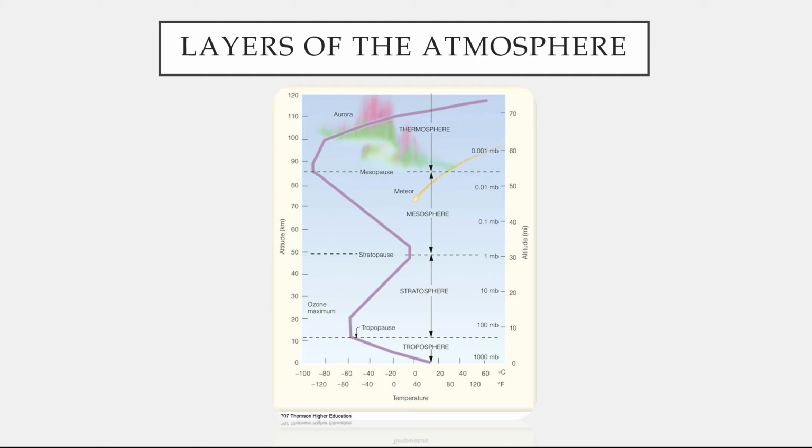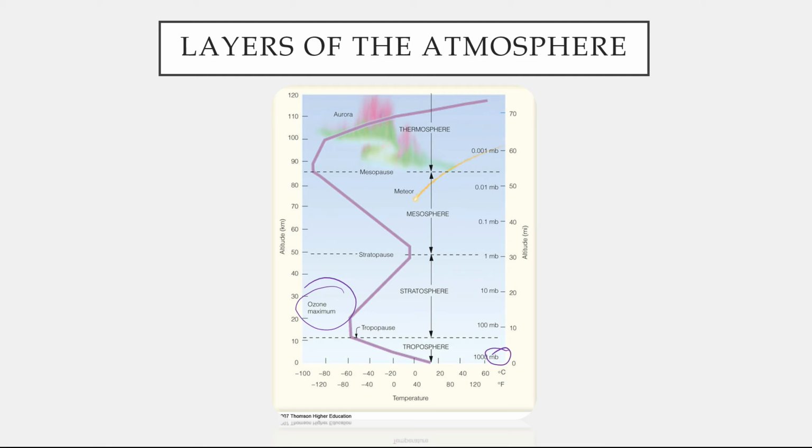All right, and then our layers of our atmosphere. We've got the troposphere, which is where all life exists and all weather occurs. The stratosphere, which is where we have that protective ozone layer. Then we have the mesosphere and the thermosphere, right? It might be helpful to go back and review those layers, try to memorize them.